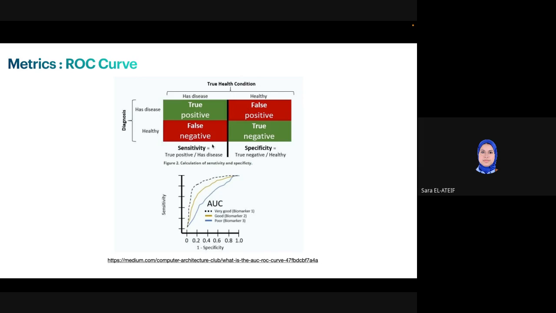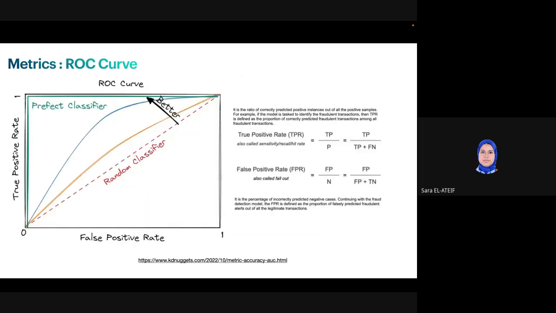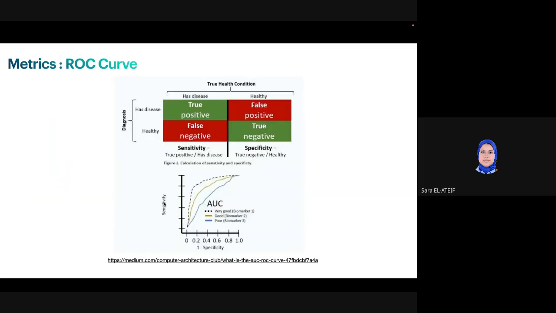So sensitivity, or as seen here, the true positive rate, is true positive over the has disease, right? And then specificity, a part of the false negative rate metric, is the true negative over the healthy.